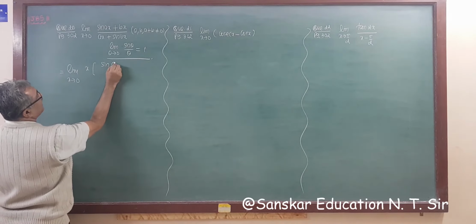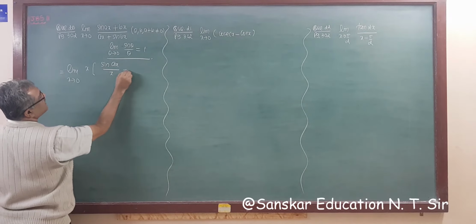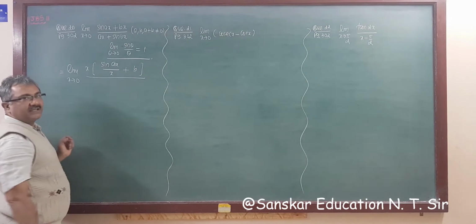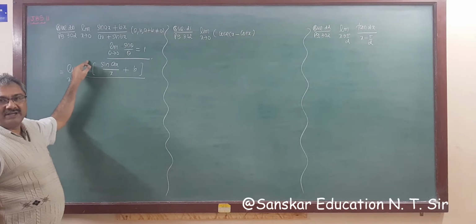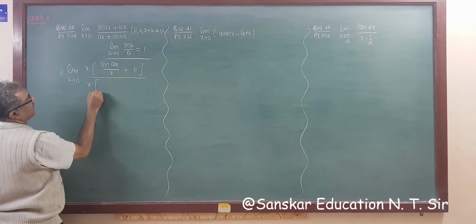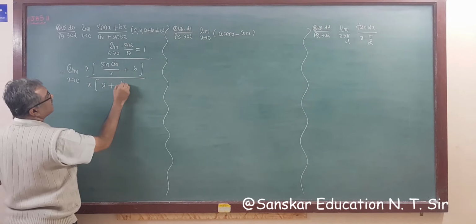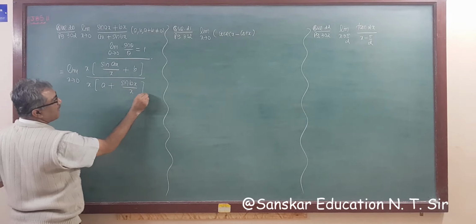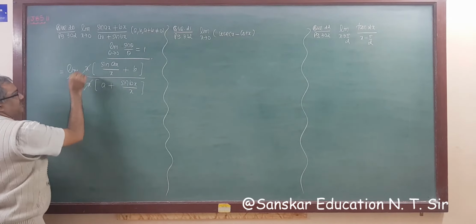So this is sin ax whole upon x plus b. Got it? Did you get it? Are you with me? Okay, fine. Now taking x common from here, we get a plus sin bx upon x. Now this x will be cut.